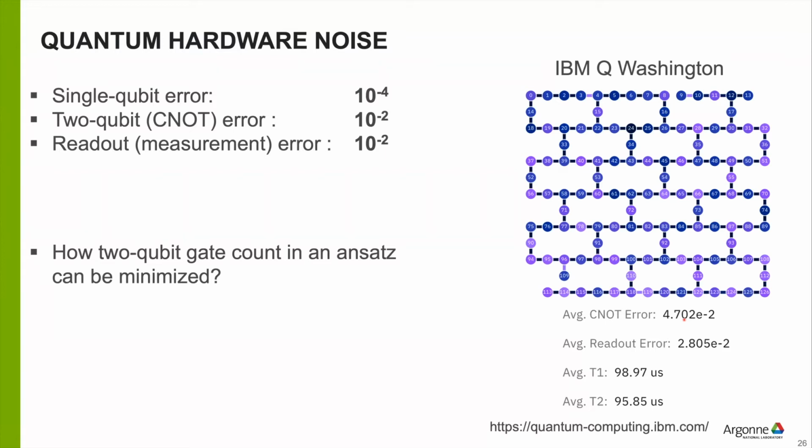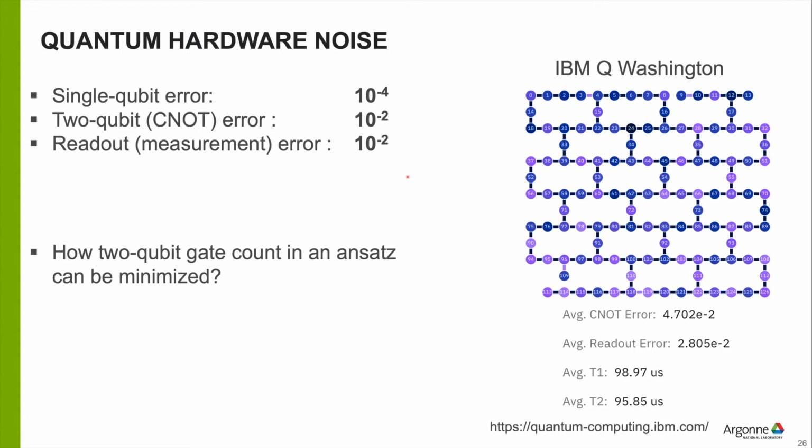And the goal is to reduce the number of these gates as much as possible, because single qubit gates are two orders of magnitude better in terms of errors. And basically everything is defined by CNOTs, as well as the measurement error. That's also on the order of, here it's 3%, but with the readout errors, it's easier to deal with. However, it's still quite a big problem.